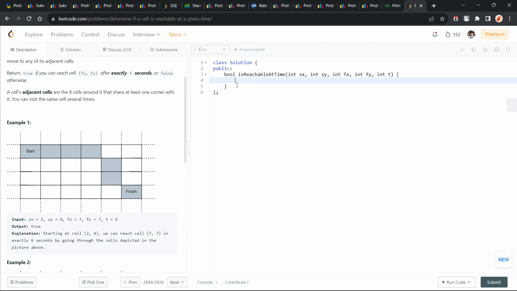The minimum amount of time that you require to reach any other cell: first you calculate the distance between the starting and the ending cells.